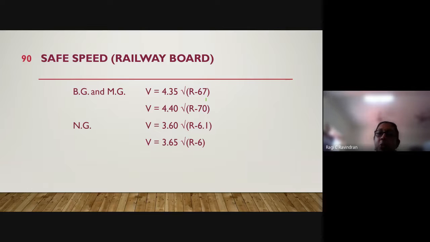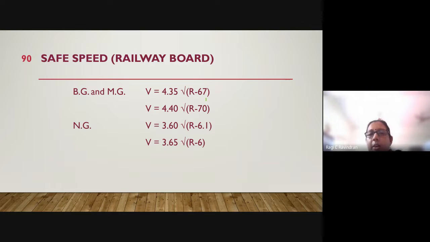Now let's move to the calculation of safe speed, which is recommended by the Railway Board. So here you can see a set of formulas for the different types of gauges. Whether it is a broad gauge or meter gauge, you can go for both these equations.